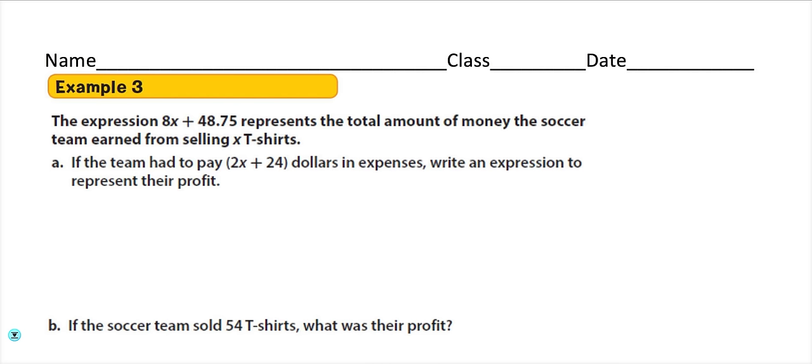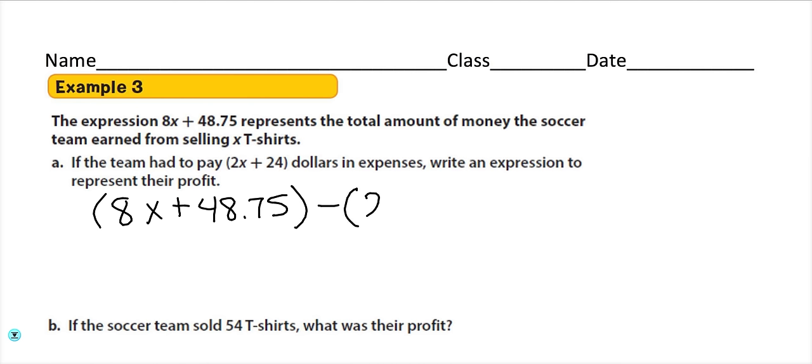Okay, so what we're going to do is the total was 8x plus 48.75. Okay, they had to pay the 2x plus 24, so we need to subtract that. We're going to figure out how much profit they made. Okay, it's just a typical fundraising thing. So if you've done fundraising at all, which I know most of you have, that's how they do it. So here we go.